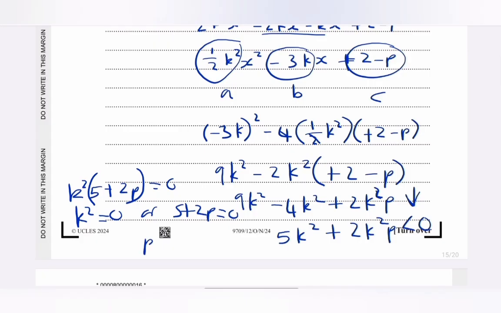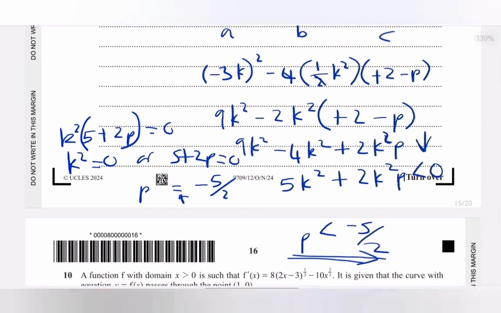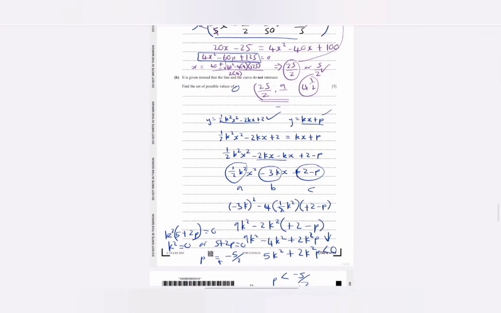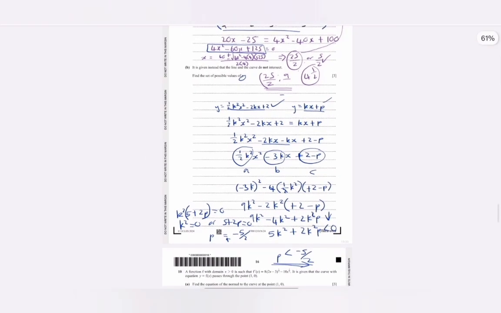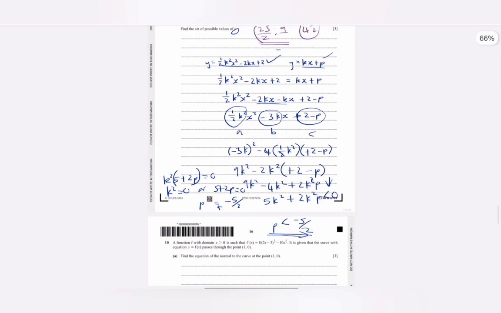Then we get p to be minus 5 over 2. Now we take this sign back into consideration to replace this equal sign, so p is less than minus 5 over 2. And so that represents a set of values of p, given that the line and the curve do not intersect. Right, and you have 3 marks for that.